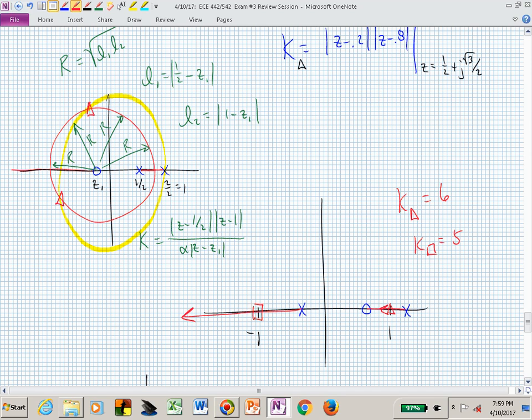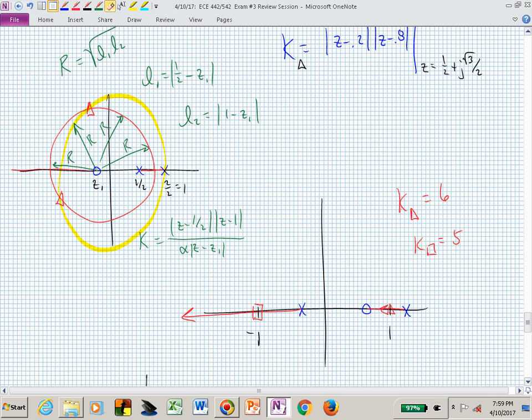But when I hit 6, that pole that's in the left half plane is now zipped outside the unit circle. So if you calculate the gain at those two locations in the z-plane and find this relationship between k delta and k square, you can say there's no range of k that will stabilize this system.